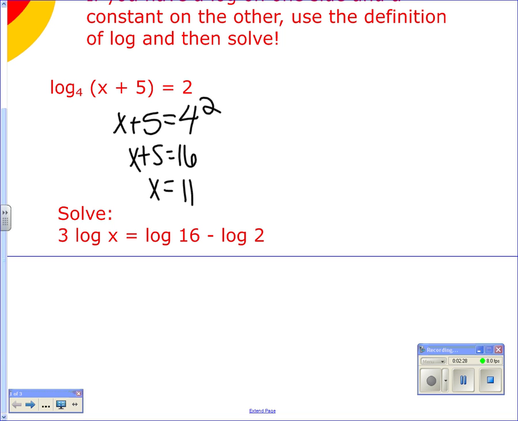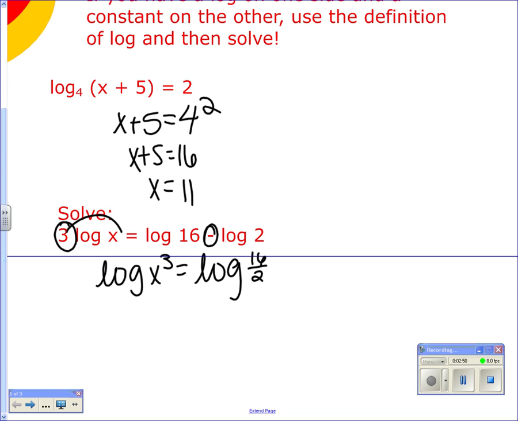What would we do for this one? Move that one, right? What are we going to do on the right side? 16 over 2. There's the minus on there. Does that make sense?